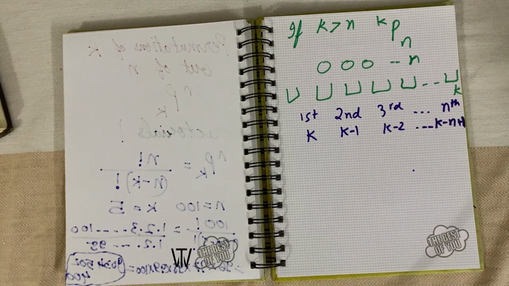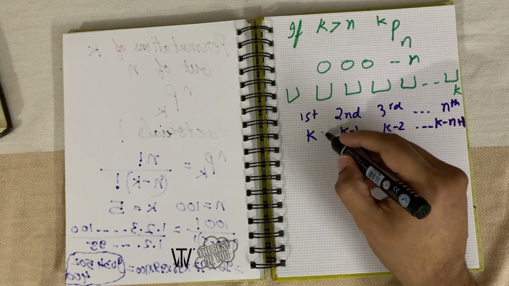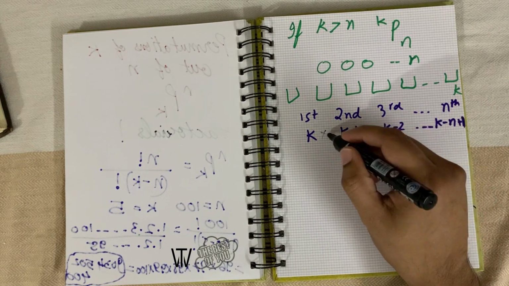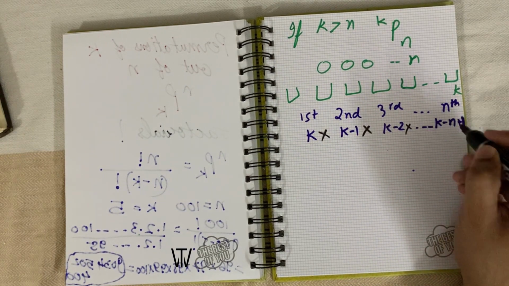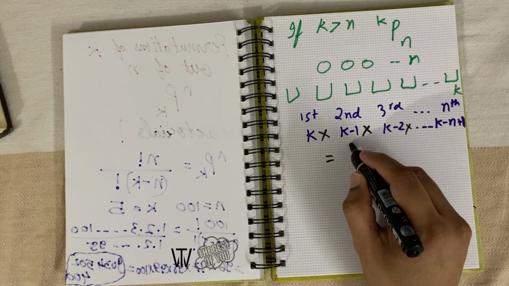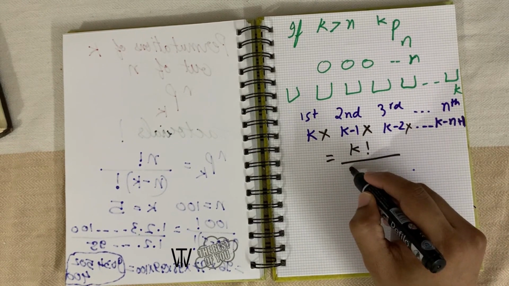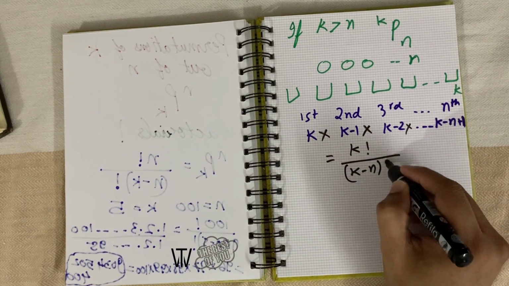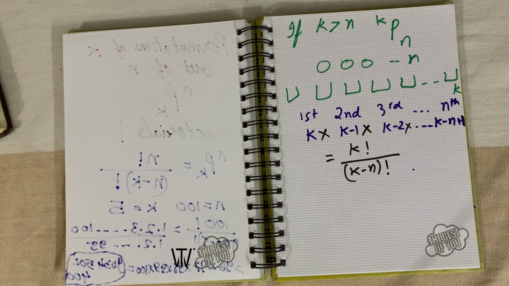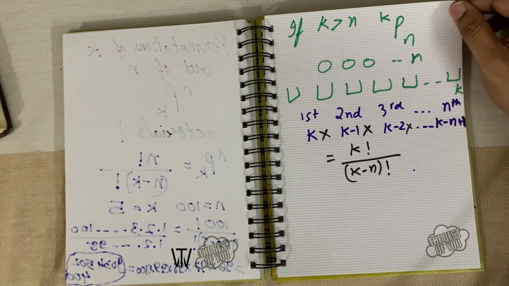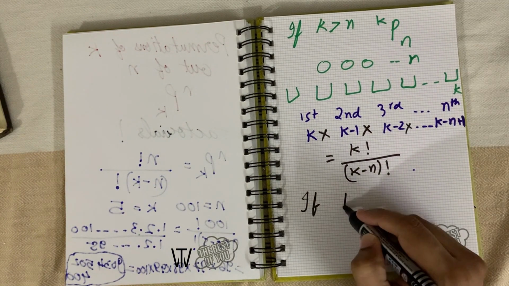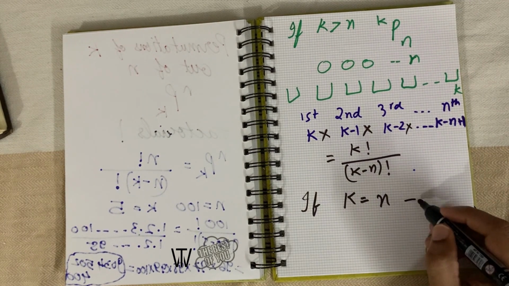So the number of ways to do this is k times k minus 1 times k minus 2 all the way to k minus n plus 1, which is the same as k factorial by k minus n factorial, which is kPn. Also, the number of ways you can allot k objects to k slots is k factorial.